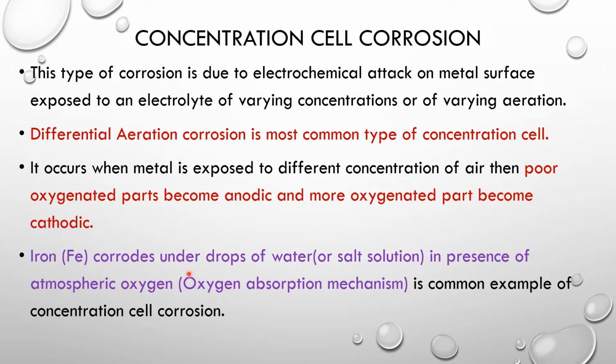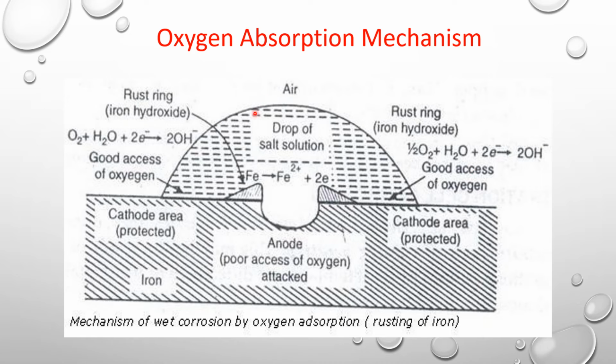Iron corroding under drops of water or salt solution in the presence of atmospheric oxygen is a common example of concentration cell corrosion, which is brought about by the oxygen absorption mechanism. This is a piece of metal.